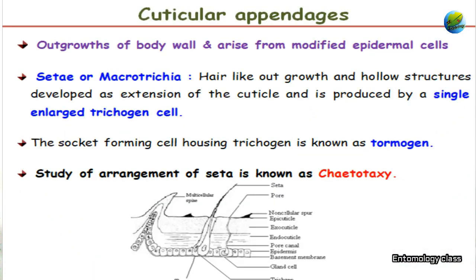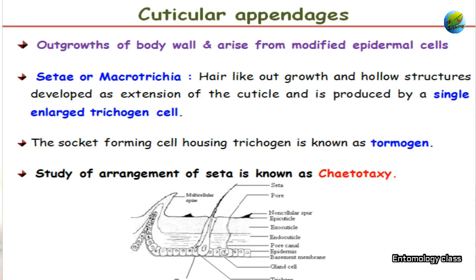We have already discussed the trichogen, which is the seta producing cell located in the epidermis of the integument. And the socket formation, or the protection of the trichogen cell, is made by the tormogen cell. These hair-like growths have different roles like sensing the external environment and so on. And the study of these setae, especially the body hairs, is known as chaetotaxy.